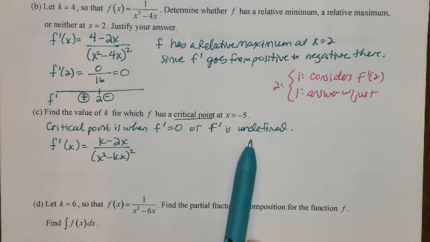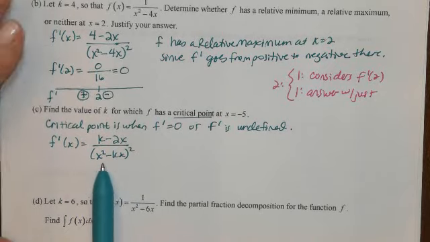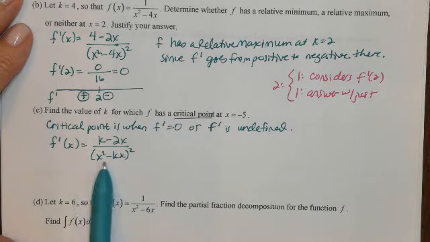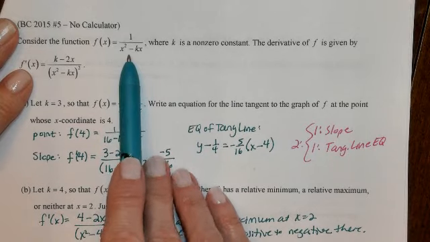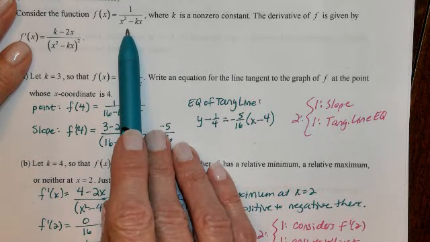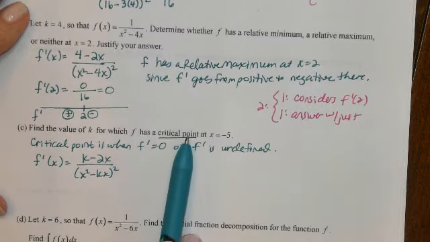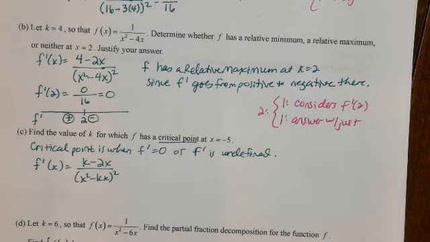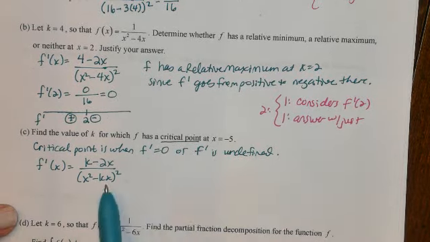That would make f prime undefined. However, that value of k that makes f prime undefined would also make f undefined. And you cannot have a critical point when the original function is undefined there. So I don't need to worry about the value of k that makes f prime undefined here.